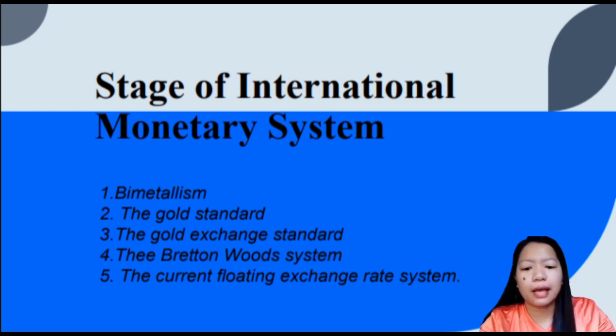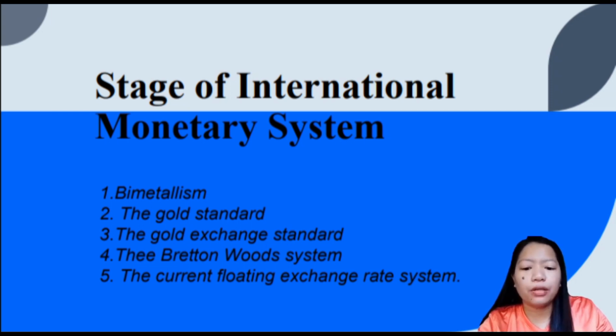In this system, exchange rates between currencies are determined by market forces of supply and demand, with limited government intervention. Central banks may intervene in the foreign exchange market to stabilize their currency's value or address economic imbalances.